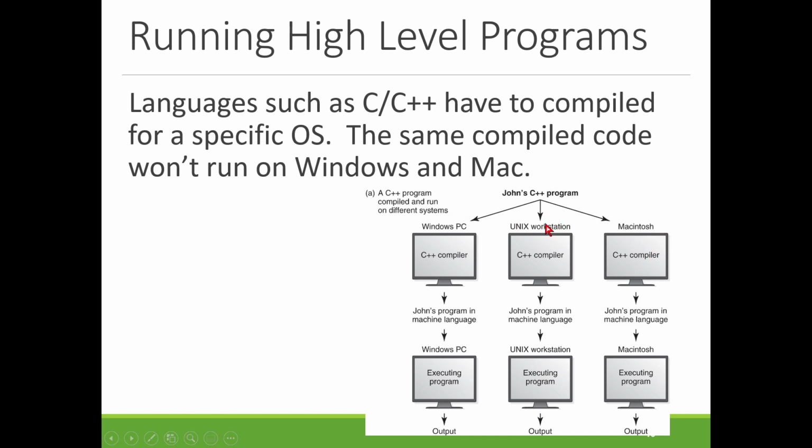And so once you've compiled it for Windows, you can pass it on to be executed on a Windows computer. Once you've compiled it for Unix, you can pass it on to be run on a Unix computer, and so on. And so this is one of the disadvantages of a language like C or C++.